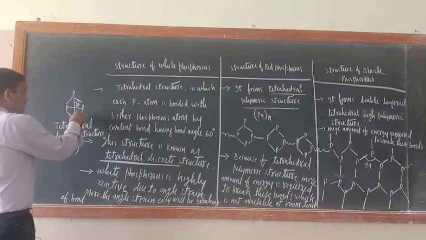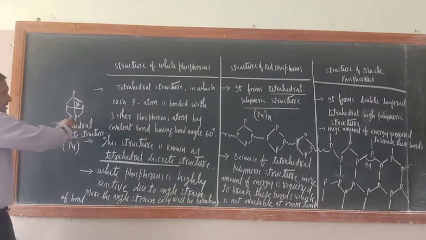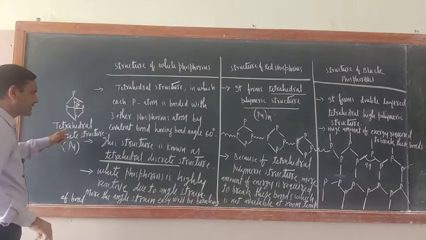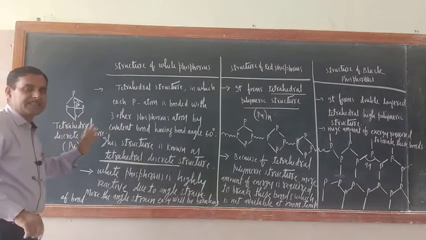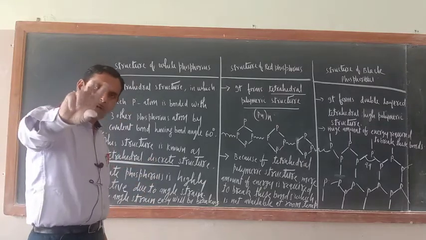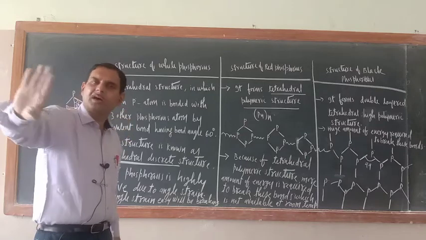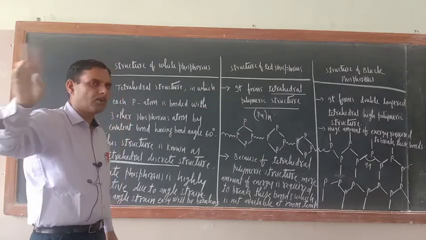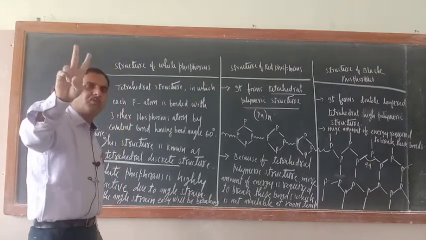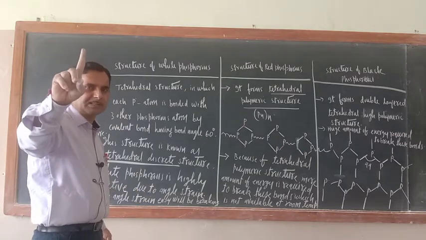This phosphorus is also bonded with this side and this side. Means this is tetrahedral discrete. What is the meaning of discrete? The meaning of discrete is separate. Now one P4 is a separate entity. It will not make a bond with others. P4 means 4 phosphorus atoms will come together and form 1 molecule of phosphorus.